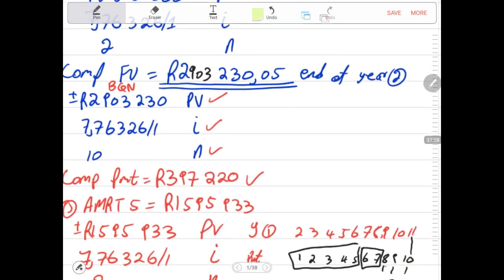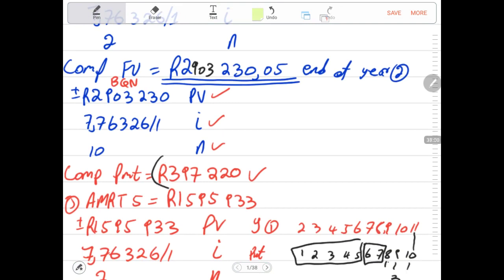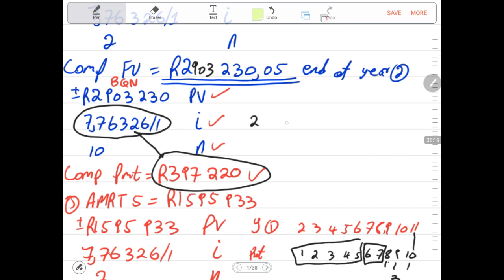Here is the old PMT. After 4 payments of 397,220 were made, of which these payments were made at this interest rate, if you remember. Our old interest rate was 7.76326. And it was there for year 2, year 3, year 4, year 5.